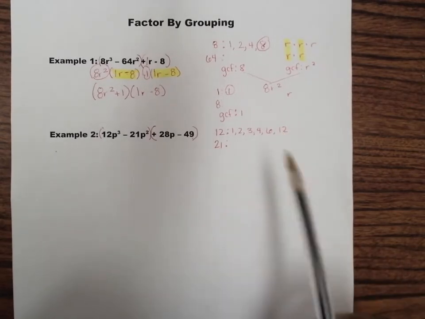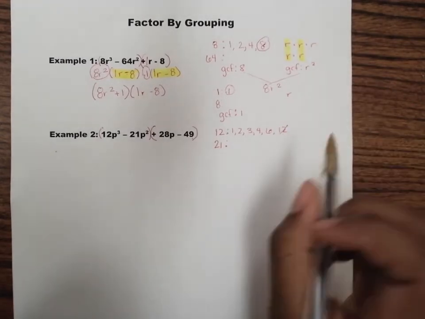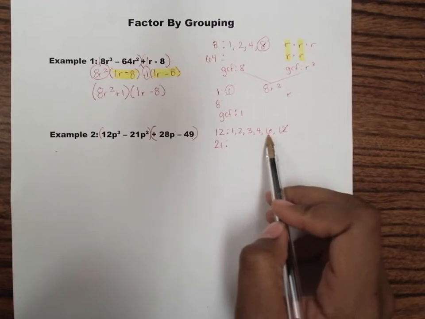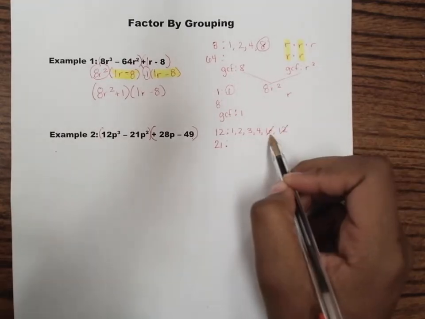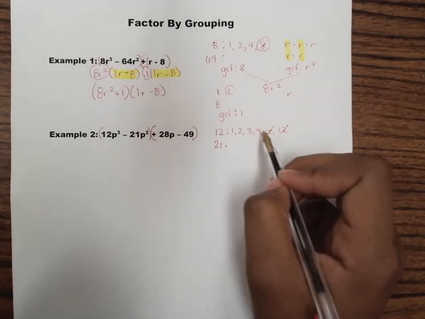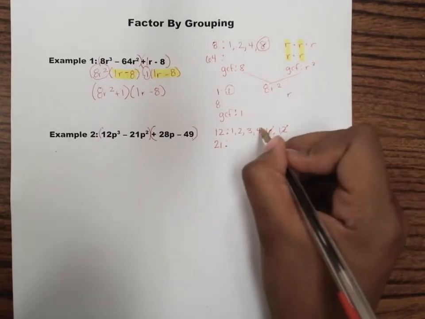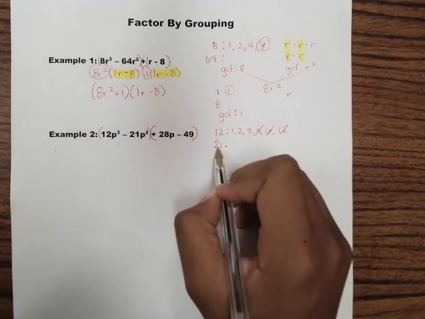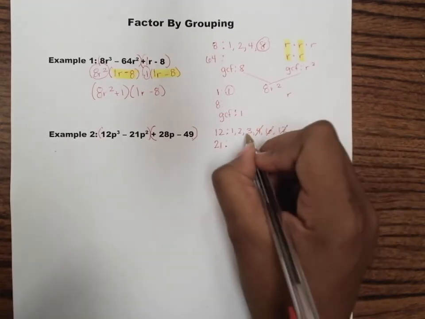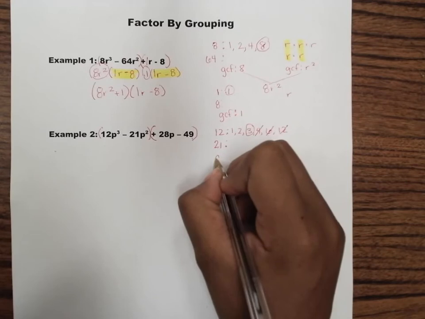I know 12 cannot go into 21, so that can't be the GCF. I know 6 cannot go into 21 evenly, meaning that if I divide 21 by 6, I would not get a whole number. I know 4 cannot go into 21, but I do know 3 can go into 21 because 3 times 7 is 21, so 3 must be my GCF for this number.